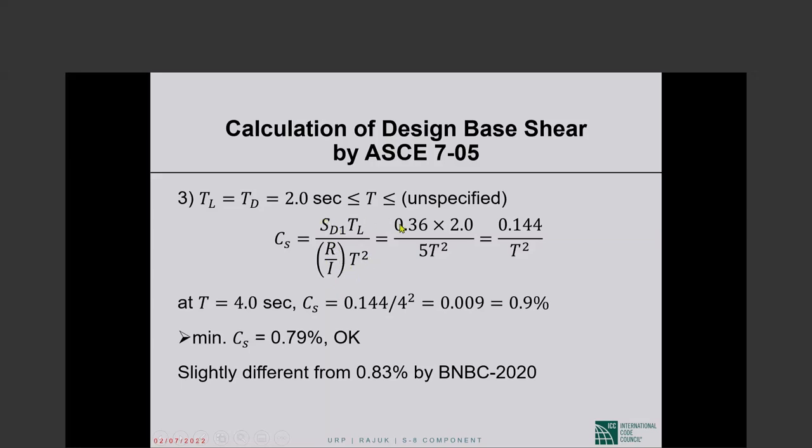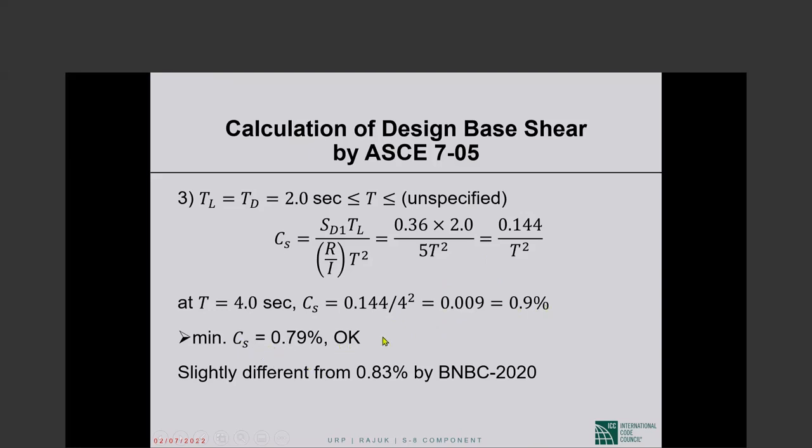S sub D1 is 0.36 from the previous page. T sub L is 2. R over I is 5, so that is 0.144 over T squared. So at T of 4 seconds, where we calculated the S sub A by BNBC, C sub S is 0.144 over 4 squared, which is 0.009, which is 0.9%.